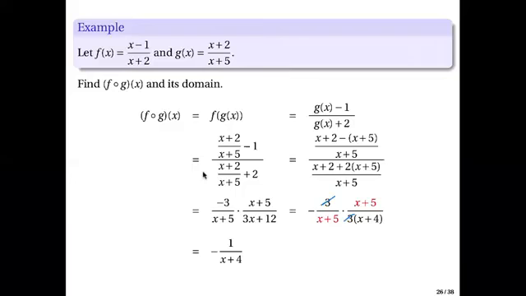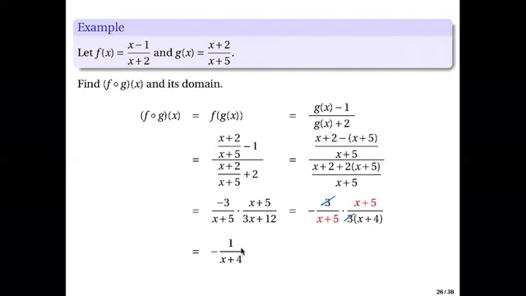So look at this. From some complicated expression, it's reduced to negative 1 over x plus 4. Okay? So the question is, what is the domain of f of g of x?